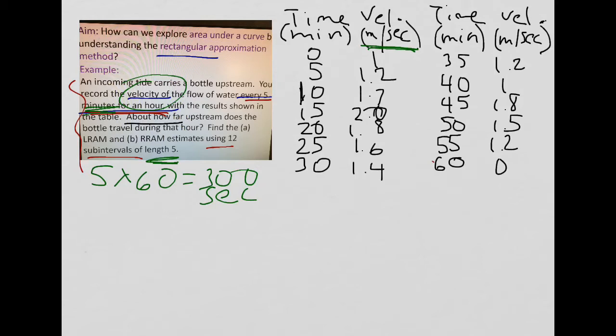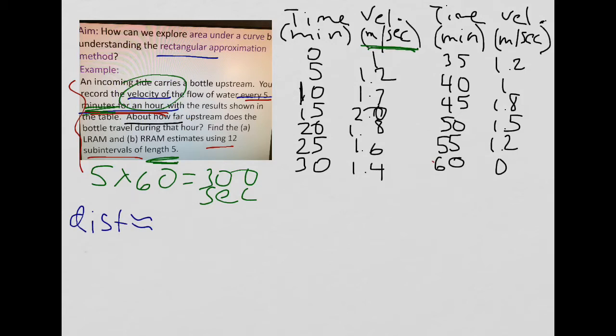So in part A, we're using the method of the left endpoint to find out how far that bottle went upstream. So we're actually finding the distance using this format. It's an approximation still. And you can imagine that there's rectangles built in.